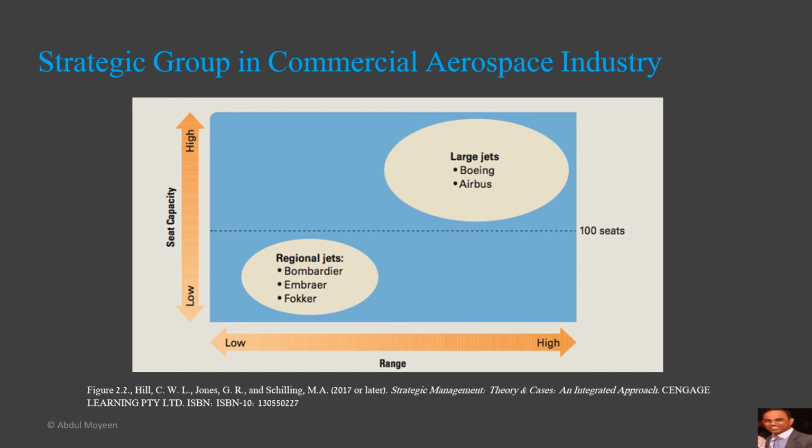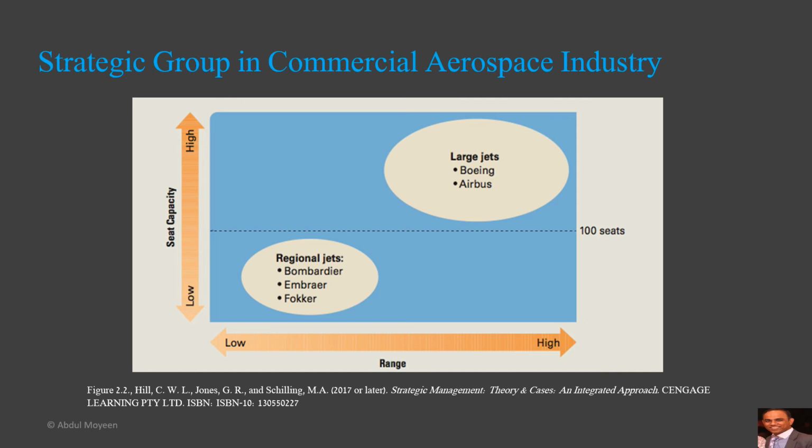The managers may sense an opportunity and contemplate changing their strategy to compete in that strategic group. However, taking advantage of this opportunity may be difficult because of mobility barriers between strategic groups.